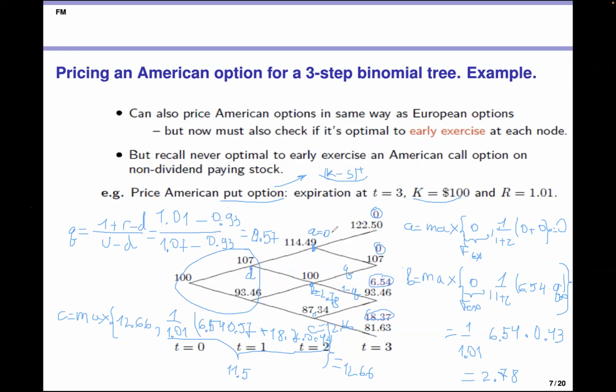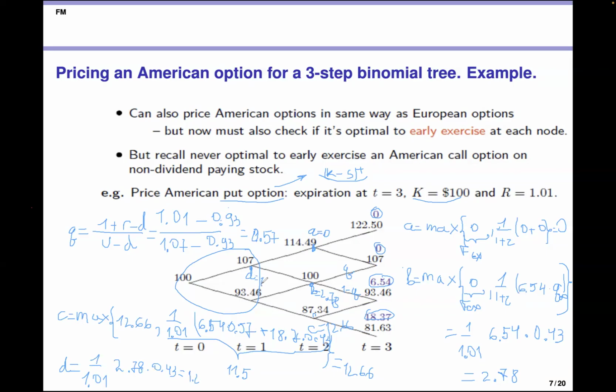So 0 multiplied by QU is 0, and 2.78 multiplied by 0.43, the QD. And what is the result? 1.2.